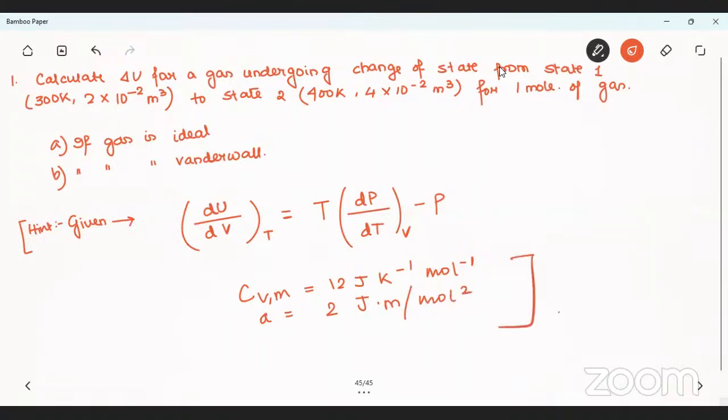So solve this question and we will be discussing it in the next class.